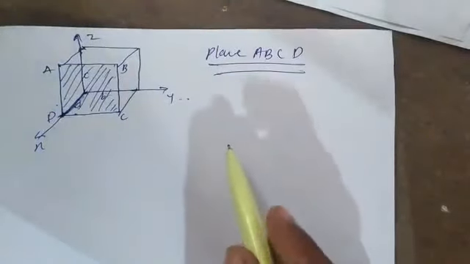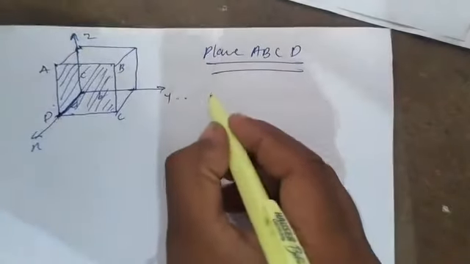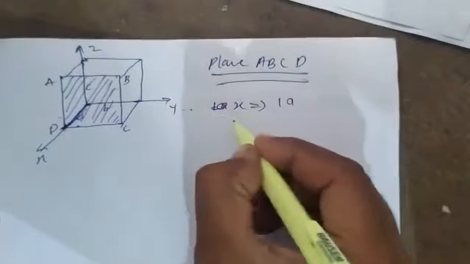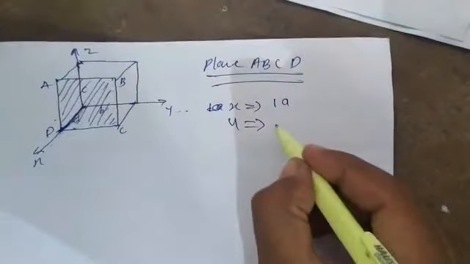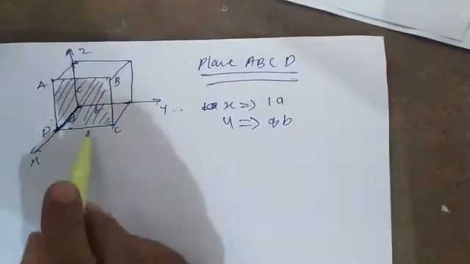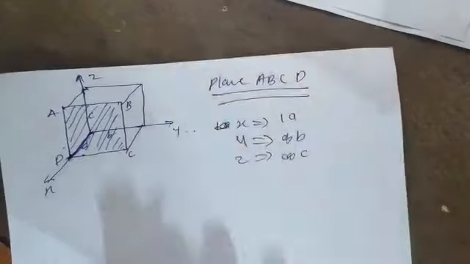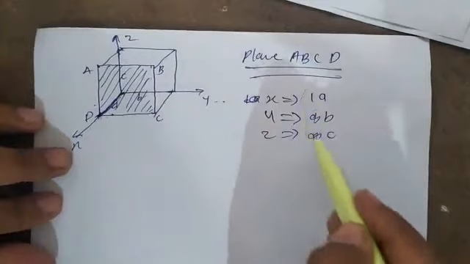Therefore the intercepts of this plane are 1a along the x-axis, infinity b along the y-axis, and infinity c along the z-axis.